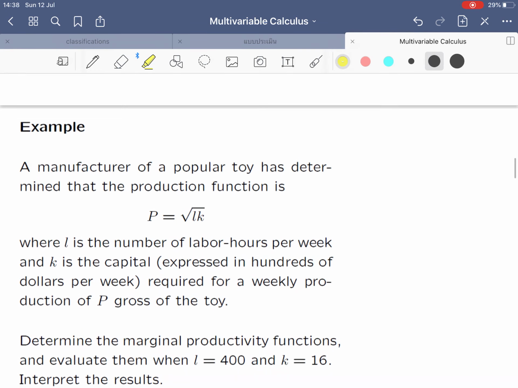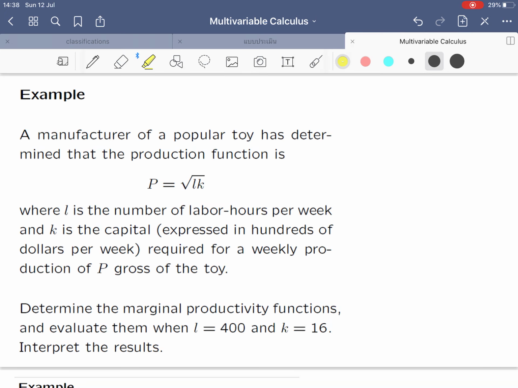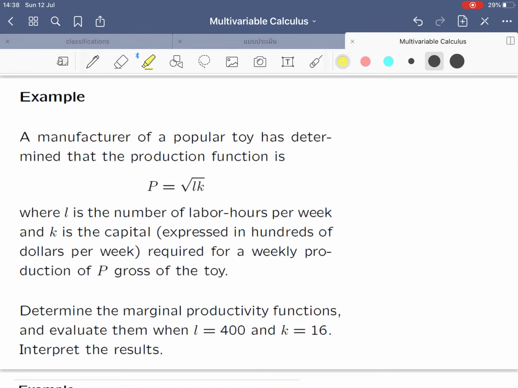So let's see. A manufacturer of a popular toy has determined that the production function is P equals the square root of LK. You can look at it as L raised to the power 1/2 times K raised to the power 1/2.